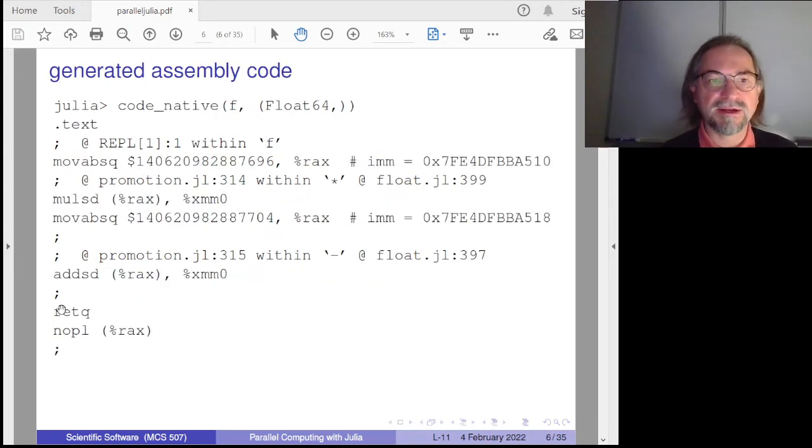It can even get lower than that, and it's most likely that the formatting here is a bit mangled up, but you can also ask for the native code, the generated assembly code for one particular type. So here again, the 64-bit floating point type. This is to introduce the low level and the high level view on code.